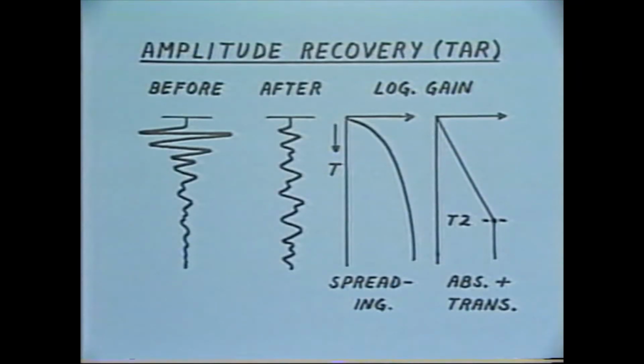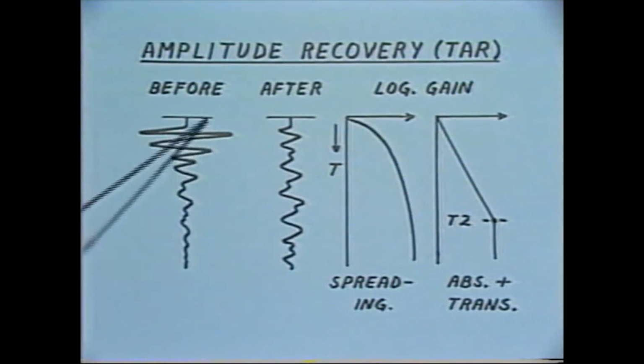Well, the first process we'll look at in more detail then is amplitude recovery, or true amplitude recovery as it's often called. As the seismic trace is recorded at a receiver, it shows a very rapid decrease in amplitude with time due to various amplitude losses such as spreading losses, sometimes called spherical divergence, the absorption losses, and the transmission losses.